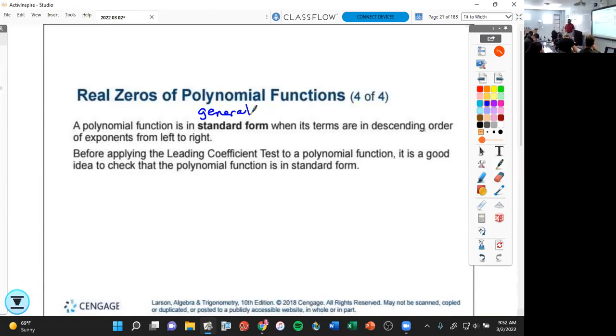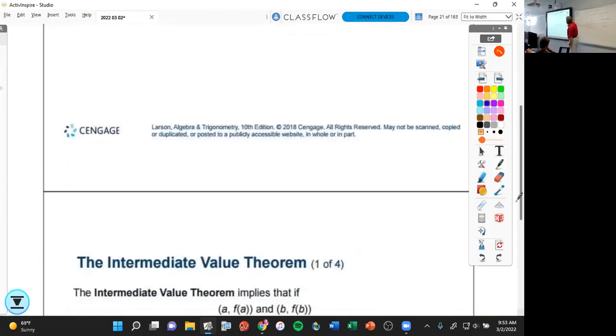Didn't they just say standard form for a quadratic was vertex form, which is not descending power? They called that general form. But now we're saying standard form for a polynomial function. Whatever. Before applying the leading coefficient test to a polynomial function, we have to make sure the function is in standard or general form. And I talked about that earlier today anyway.